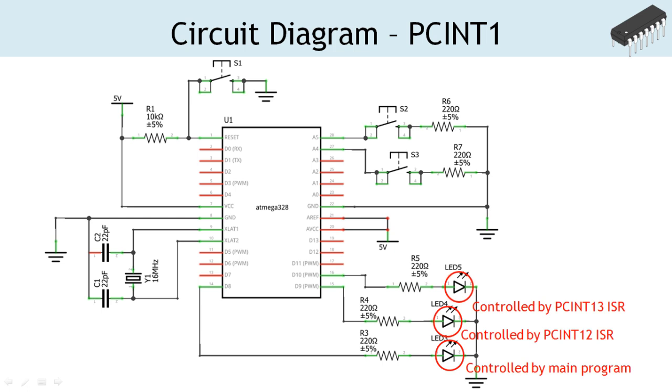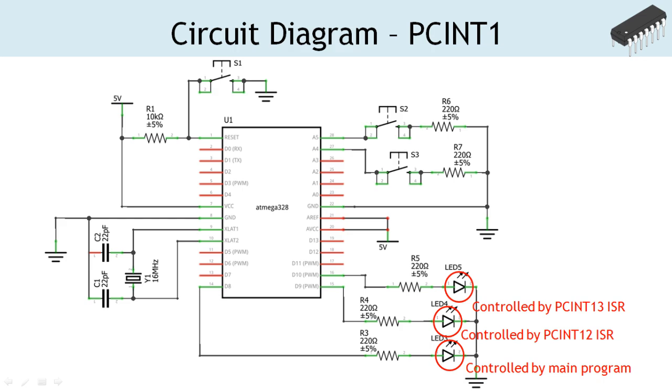The interrupt service routine controls two LEDs, which will be switched on for 300 milliseconds and switched off before the ISR returns. The ISR must identify the occurrence of PCINT12 and PCINT13 and the corresponding LED must be switched on.